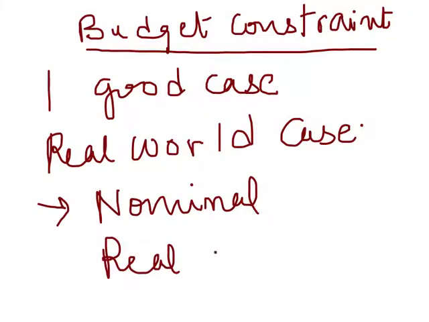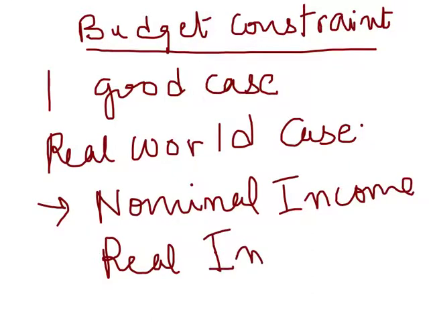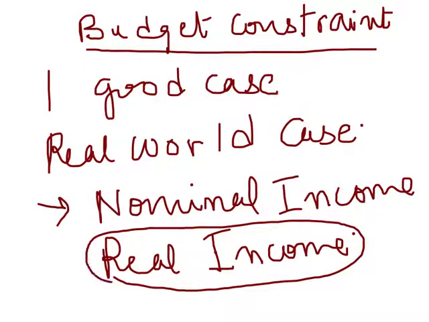Nominal income simply means the income that you receive in dollars. Real income is the nominal income adjusted for prices, and in a way real income reflects consumption choices available to a person.